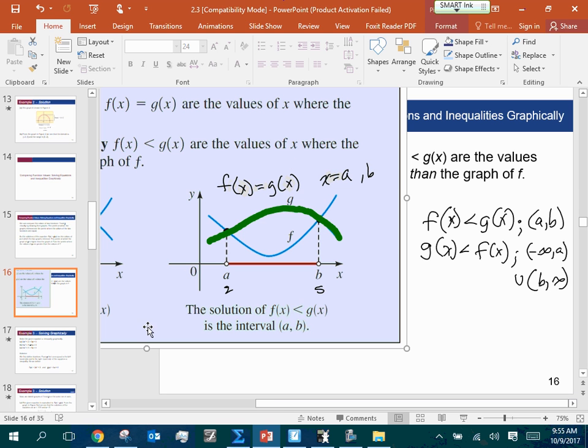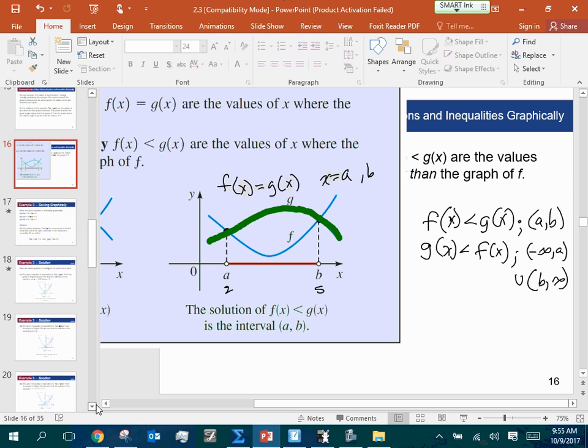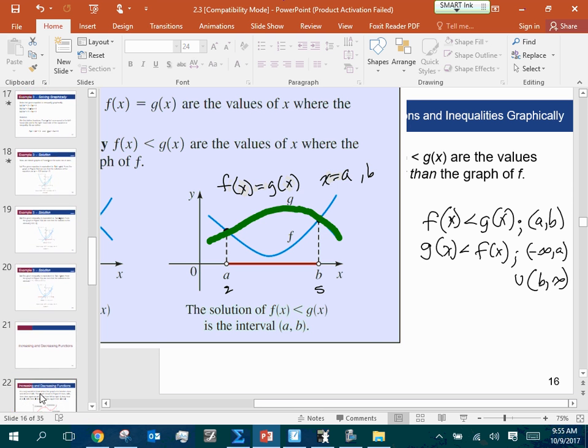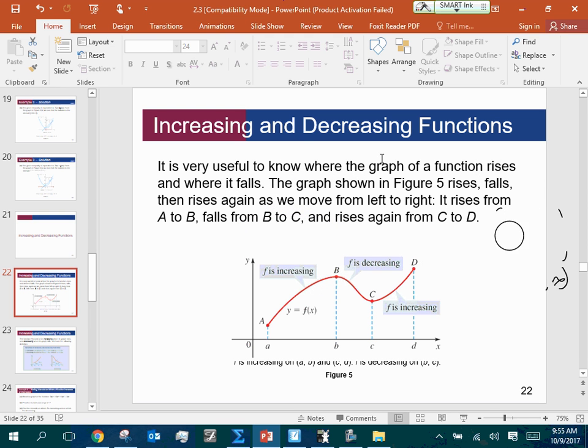Just real quick before we leave, there's some information here about increasing and decreasing functions. Increasing means going up, right? So if they ask you for the domain, or the x values, where your function is increasing, it's where successive x values provide y values that are bigger.